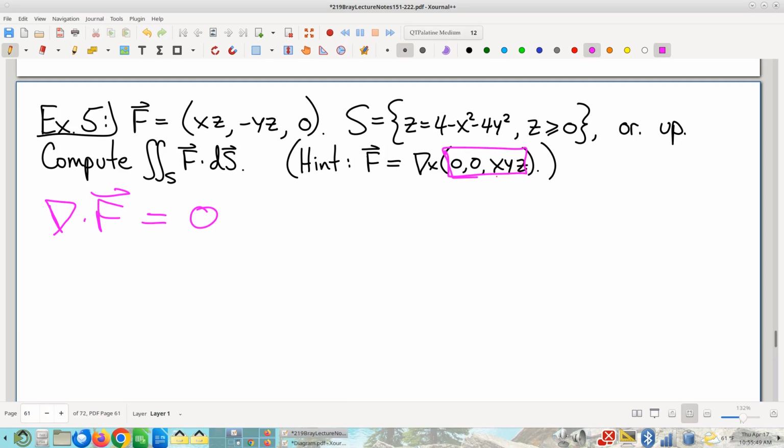So you got the anti-curl. Now, I can't tell you to compute the anti-curl because we don't know how to do that, right? It turns out it's actually not particularly easy. But in this case, I kind of subtly gave you the anti-curl. How are we doing? Everybody okay?